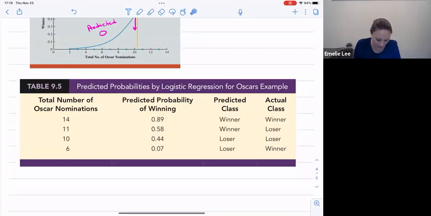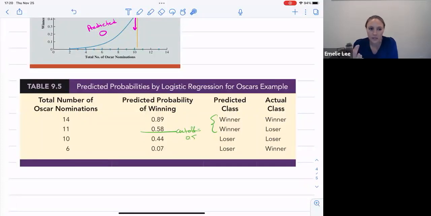And so here, if we use a cutoff of 0.5, right, then these 2 are winners and these 2 are losers. But what actually happened is we had 1 winner and 1 loser in the winner category and a loser and a winner in the loser category. So that's confusing. This is just an excerpt, right, to show you all the different options.